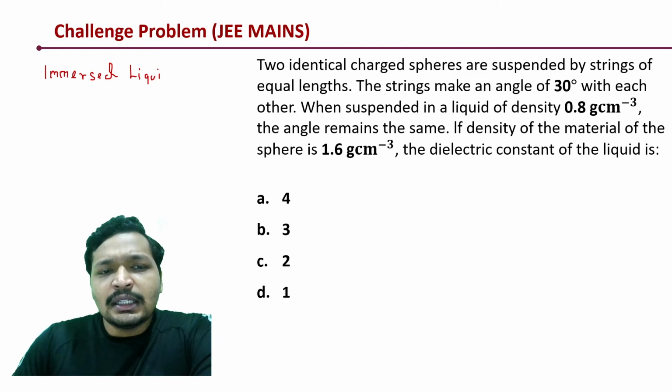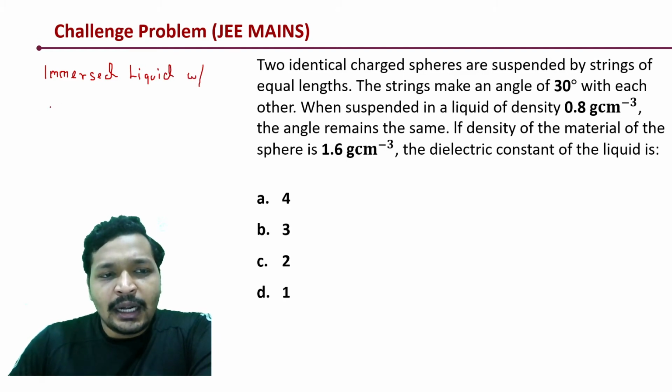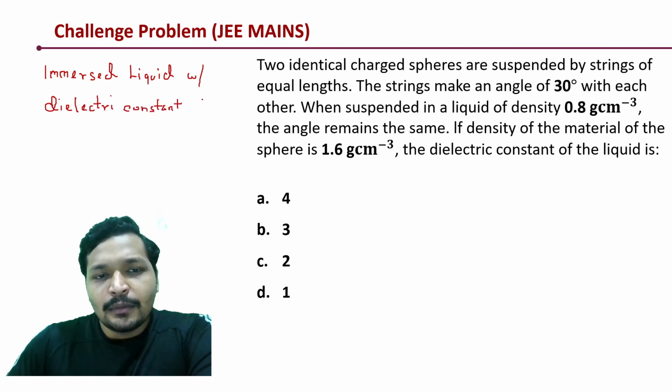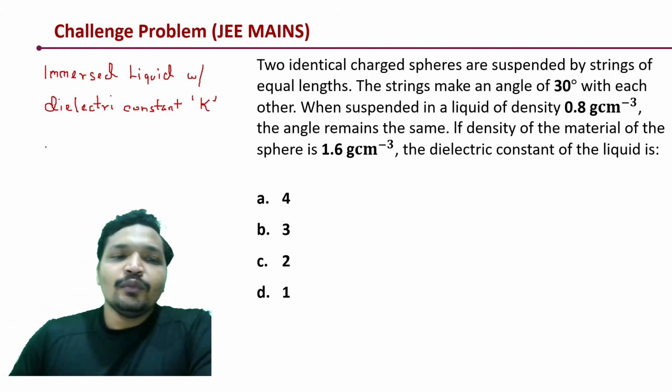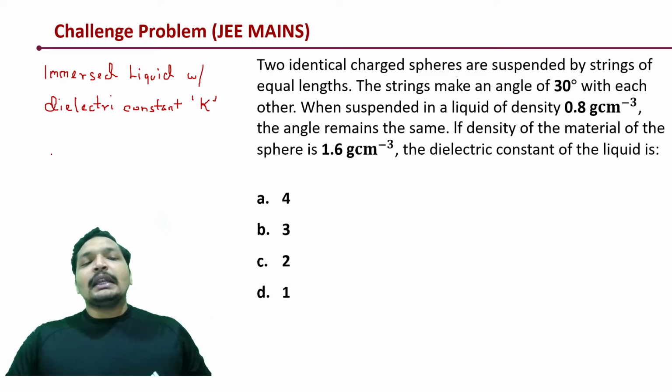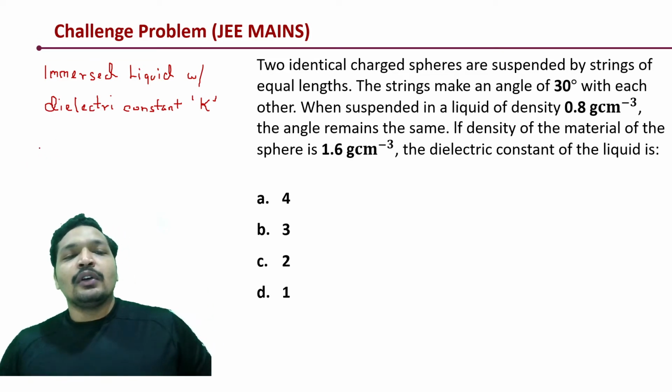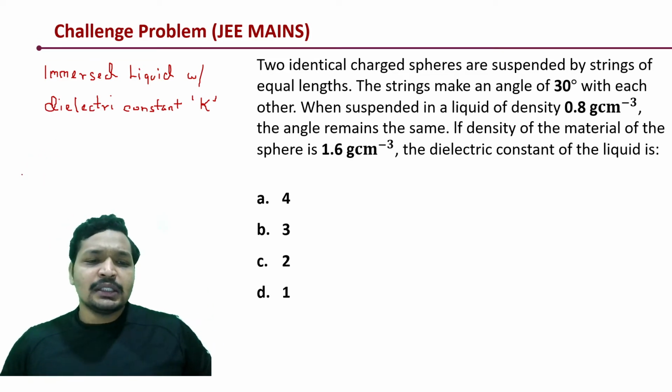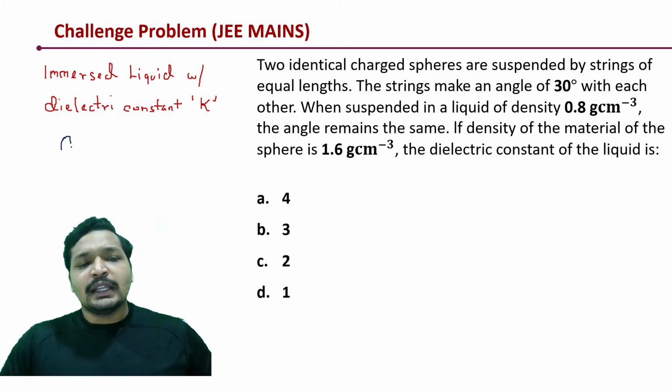You immersed it in a liquid with, let's say, dielectric constant K. Then what happens? Let's say in air, between those two charged spheres, the force between them was Fe.